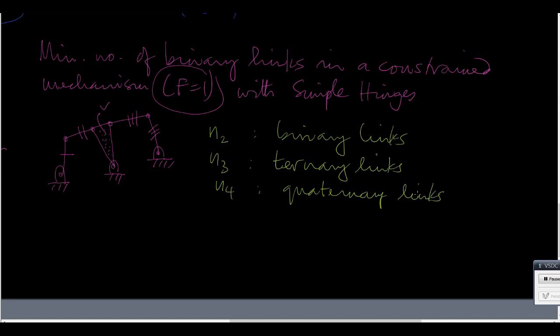Okay, and so on. Now, N is equal to N2 plus N3 plus N4 plus up to Ni, which is whatever the highest number is for the link.